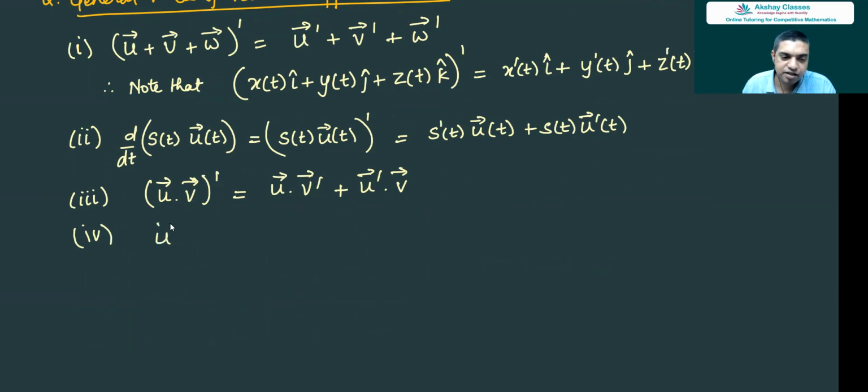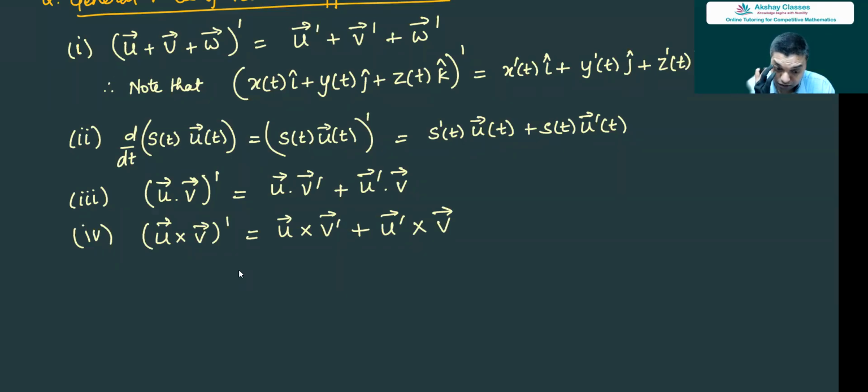Then same with the cross product. U cross v whole derivative is u cross derivative of v plus derivative of u cross v. Do not change the order of the vectors. Very important. That's all. The order should remain the same.